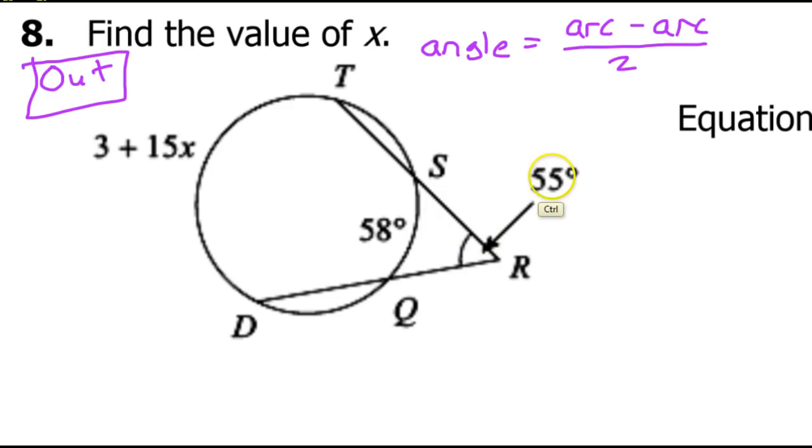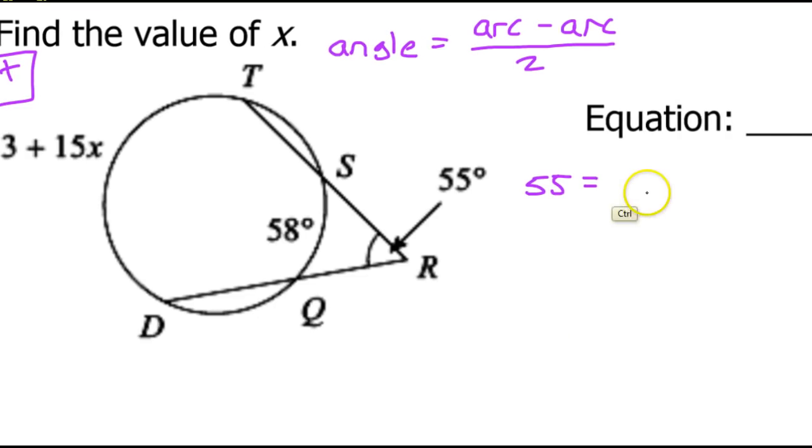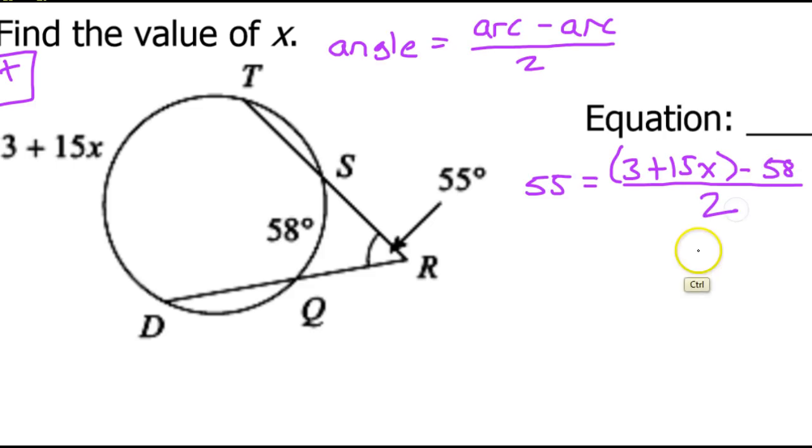In this case, they gave us the angle, so that's going to be 55 is equal to... we'll need the big arc first. The big arc is 3 plus 15x, minus the small arc, which is 58. All of that is going to be divided by 2.